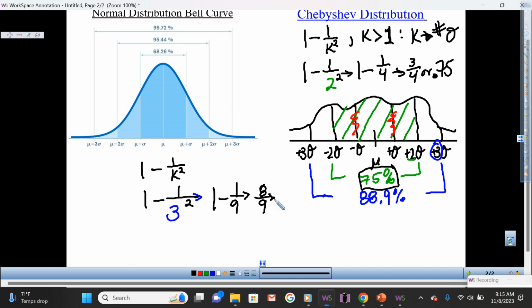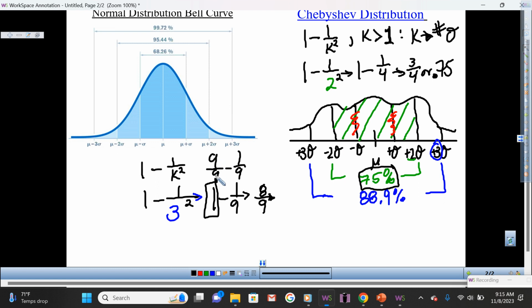What is 8 divided by 9? Okay. Where did I get 8 from? So look up, guys. I made this 1 into 9 over 9 minus 1 over 9.